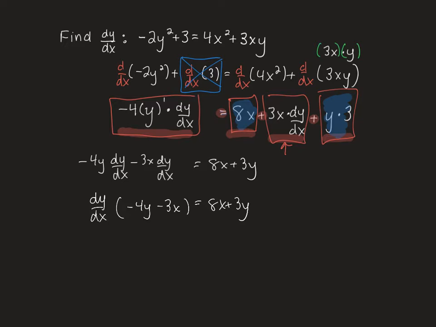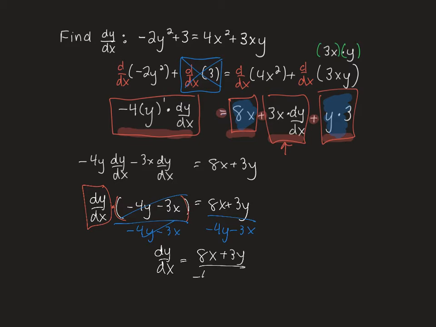And now my last step in solving for dy/dx: it's being multiplied by this factor right here, so I'm going to divide both sides by negative 4y minus 3x. Then that gives me dy/dx equals 8x plus 3y over negative 4y minus 3x. And that is my final derivative.